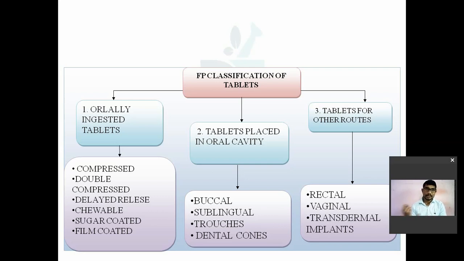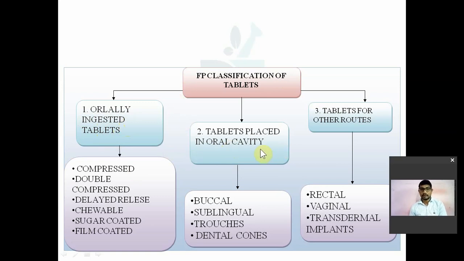So in ancient times it was made by molding, but nowadays it is made by compression only. लेकिन जब से modern technology आई है तब से compression से ही बनता है. Just try to remember, tablets are classified as orally ingested tablets. Means आप मुंह से जो tablet लेते हो, उसमें कितने टाइप का tablet होता है. Then the second class is a tablet placed in the oral cavity.